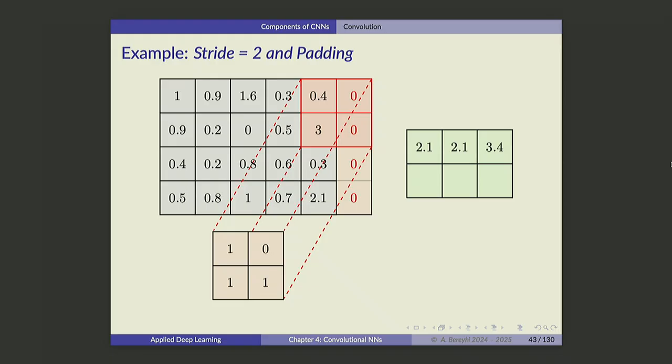And you cannot add more than that. If you add more than that, you basically start to just scan some complete 0 pixels, which is useless. The padding length depends on your filter.